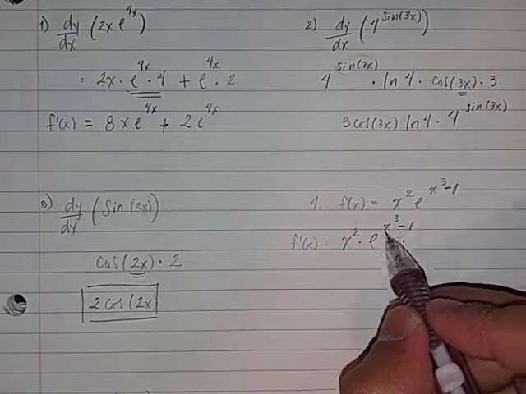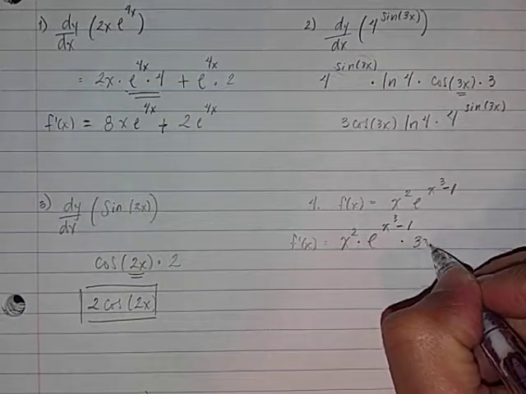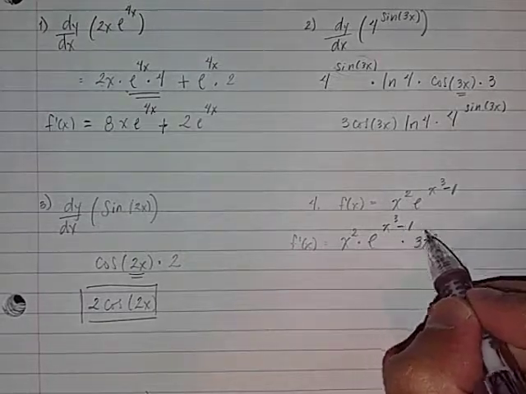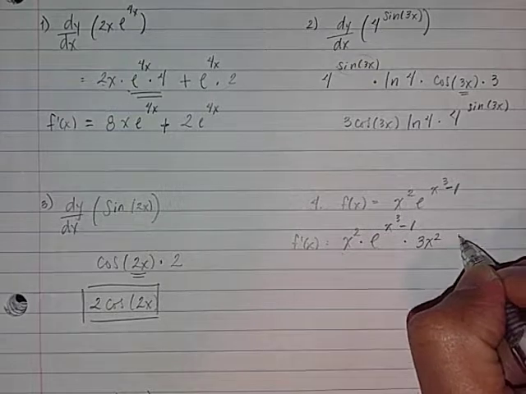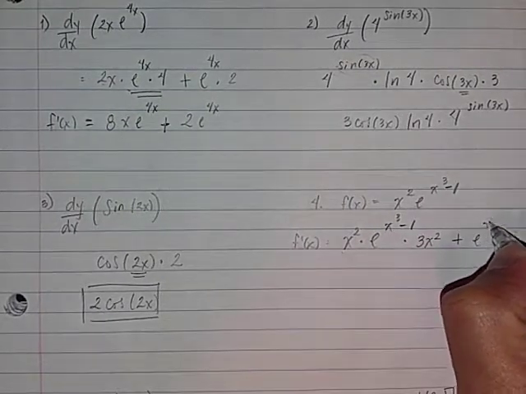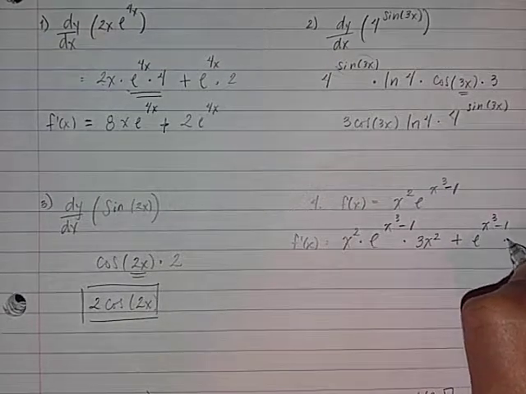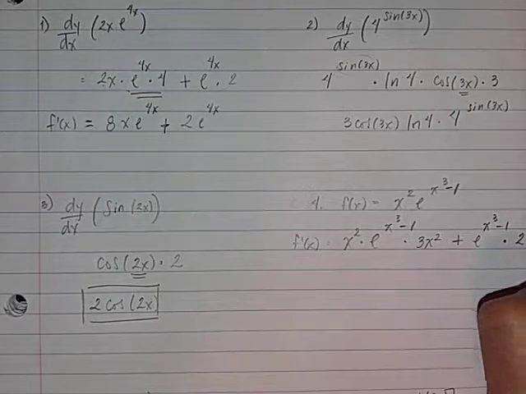But I have a function inside. So the derivative of x cubed minus 1 is 3x squared. Remember, the derivative of the constant is 0. So first times the derivative of the second, plus the second, which is e to the x cubed minus 1, times the derivative of the first. Well, the derivative of x squared is just 2x.